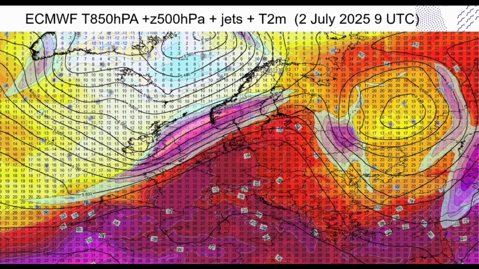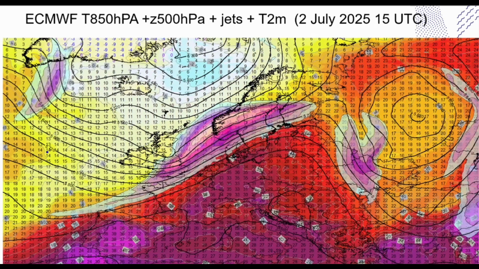And then if we go to 15 UTC, so today afternoon, we can see that the ridge and the jet are moving a little bit to the east slowly, and the trough is coming as well. So the system looks to be moving slowly to the east.